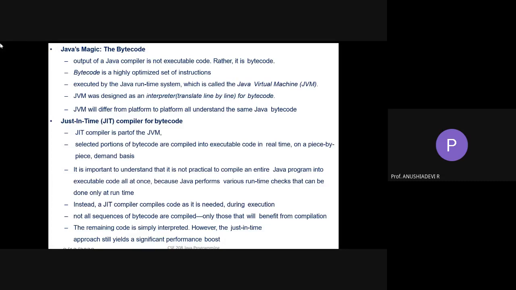But interpreter means it will convert the code to machine code line by line. For example, if I have five statements in my program, the first statement is converted to executable code, and the second statement is also converted. If I have an error in the third statement, it will stop there itself and mention the error.